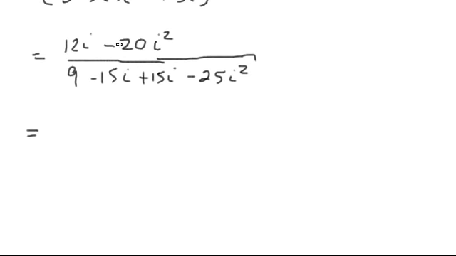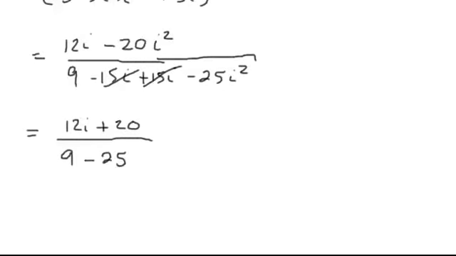Now we can rewrite the numerator as 12i. Now remember, that's a -1, so that's a negative, so that makes that a positive. Over, okay, those terms cancel out. We end up with a 9. This i squared is replaced by -1, we've got to remember.